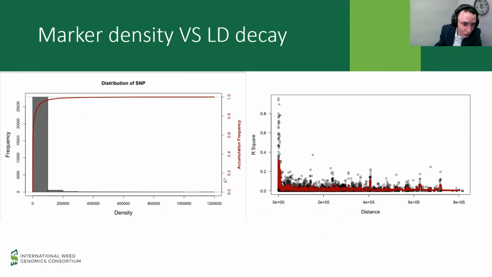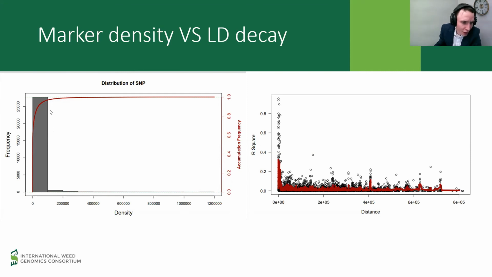Marker distribution versus linkage disequilibrium. Essentially, this is a check to see if we have sufficient marker coverage or if we're potentially missing areas of the genome. For the marker density plot, we have the distance between marker A and the subsequent marker, as well as the frequency of things in that bin.